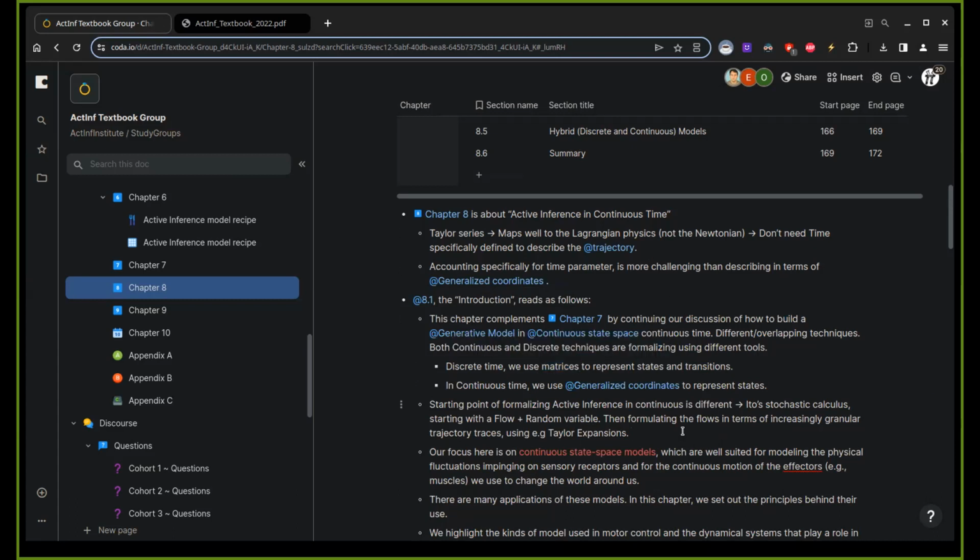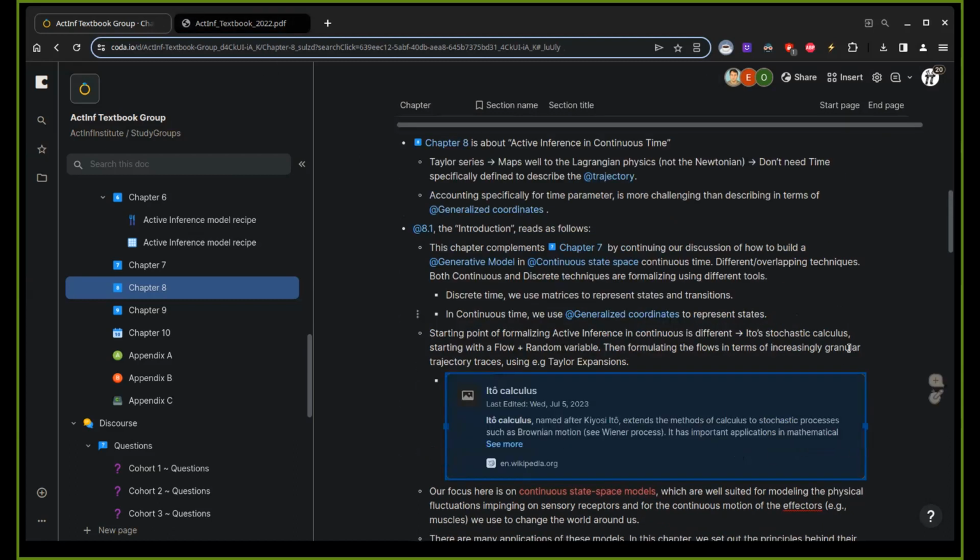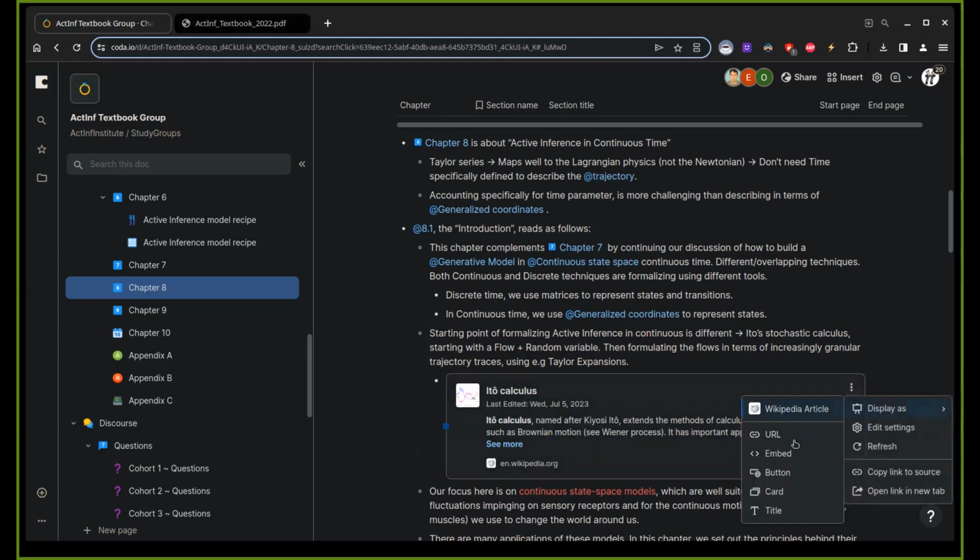Ito's stochastic equation is a very general equation describing any kind of differential stochastic phenomenon. But in this case, we focus on particular kinds of state space with particular kinds of behaviors.